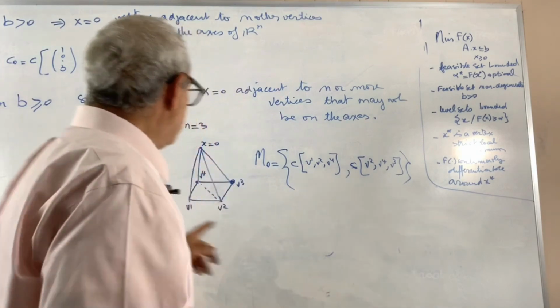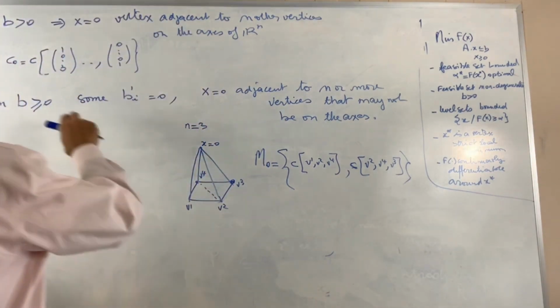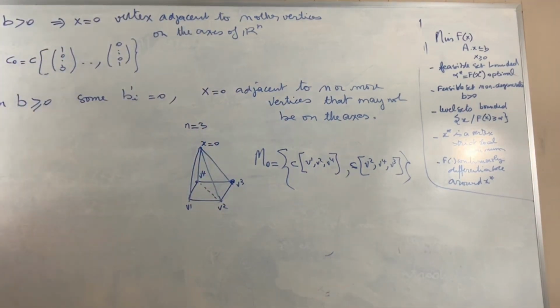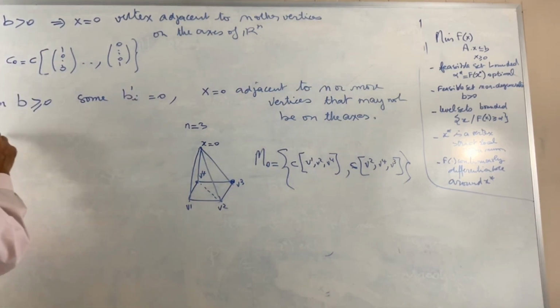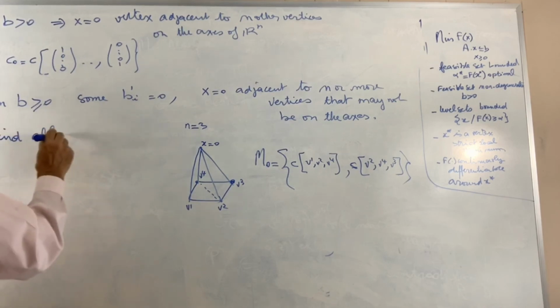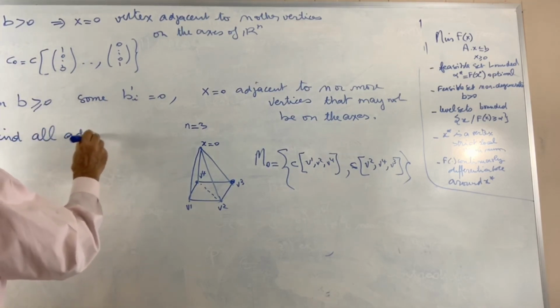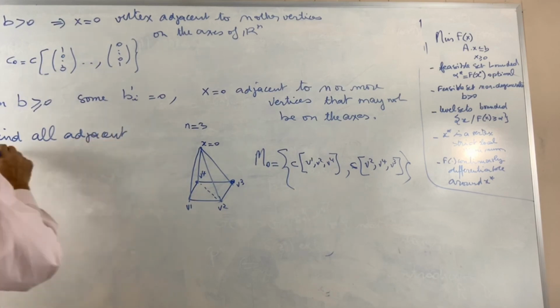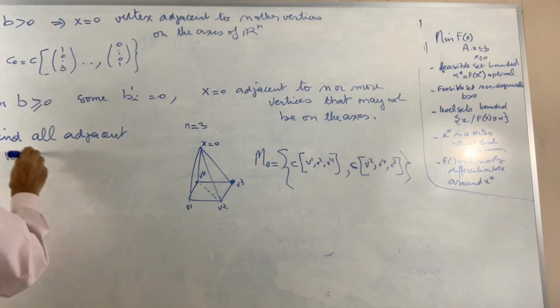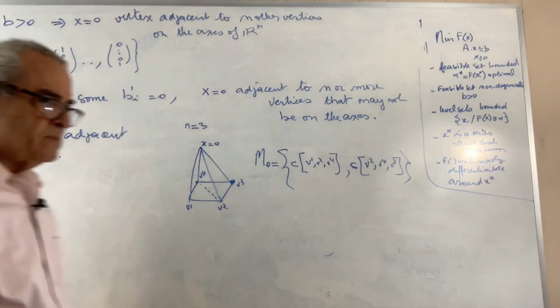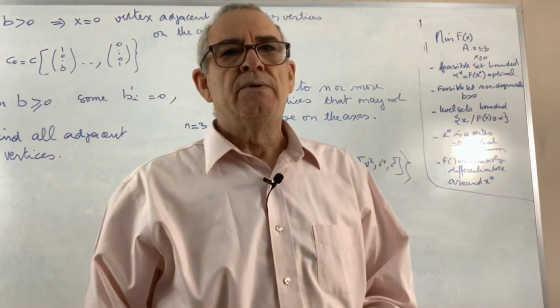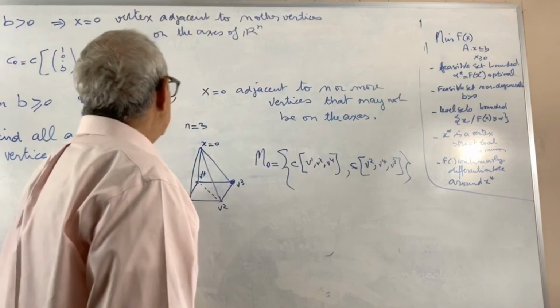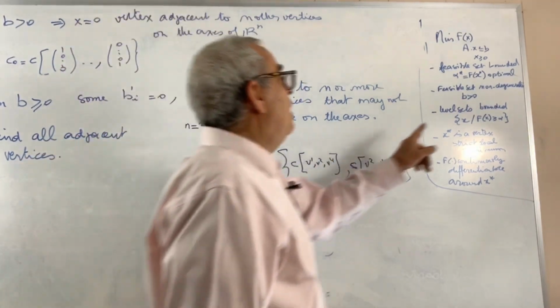So the trick here, when we have this condition where some of the entries of B are 0, is that we have to find all adjacent vertices. So it could be a simple case or it could be a complicated case. So that's why we use non-degeneracy.